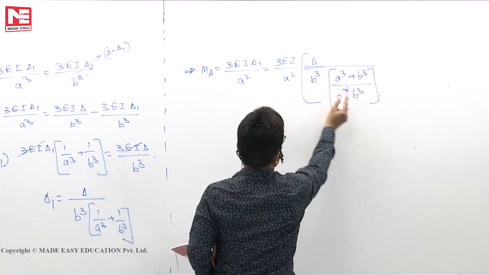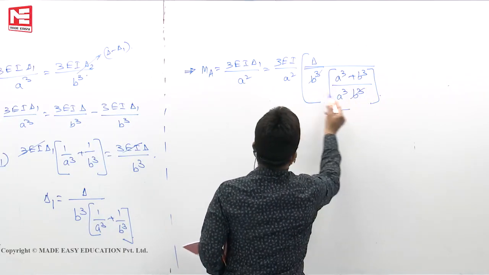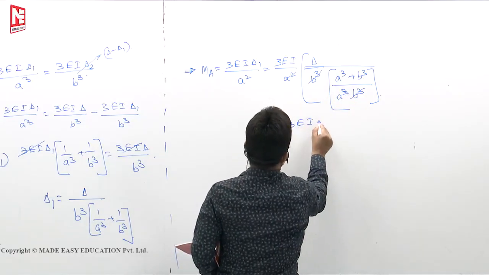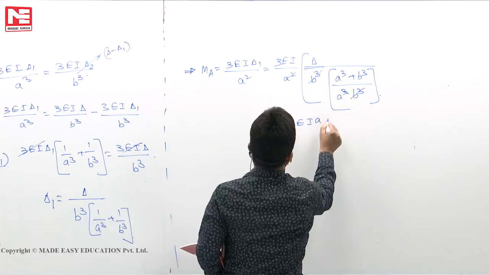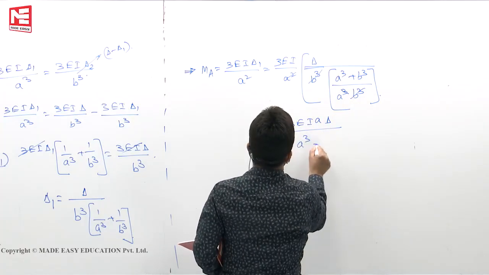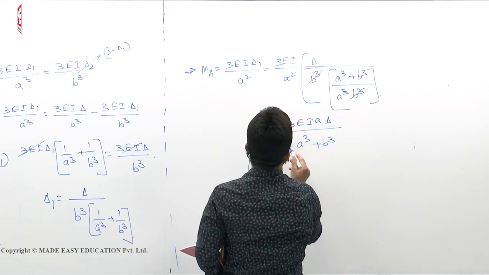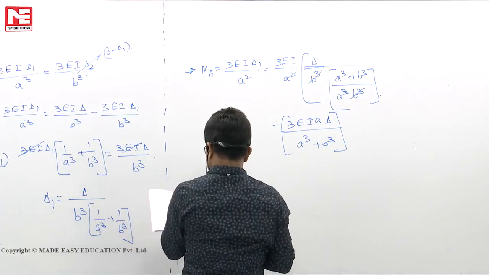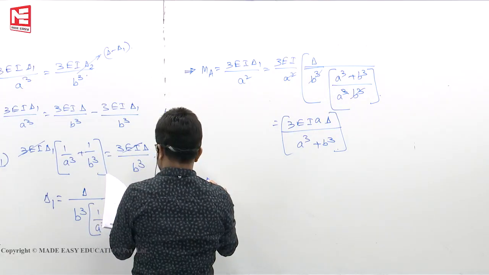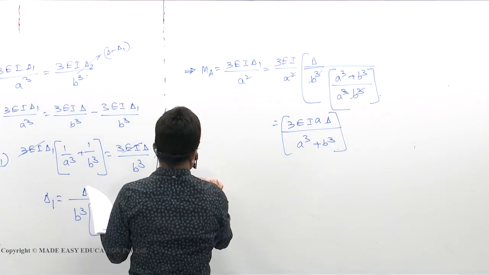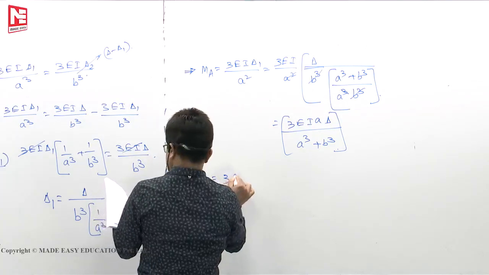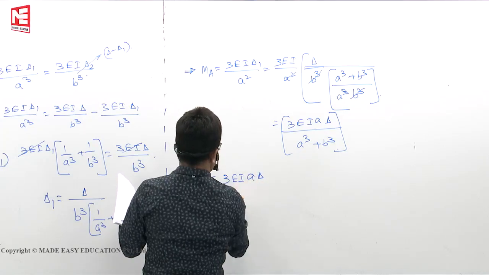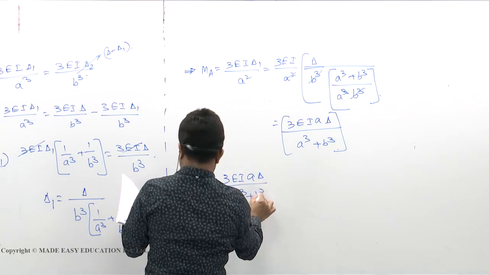So in other words, B cube cancels out, and A square, A will remain. So 3EI A into δ by (A cube plus B cube). This is what you will get, the MA value, the fixed end moment at A: 3EI A δ by (A cube plus B cube).